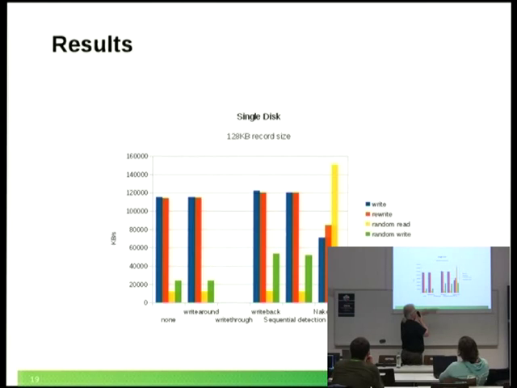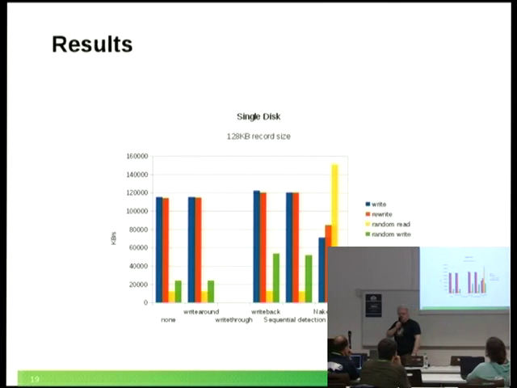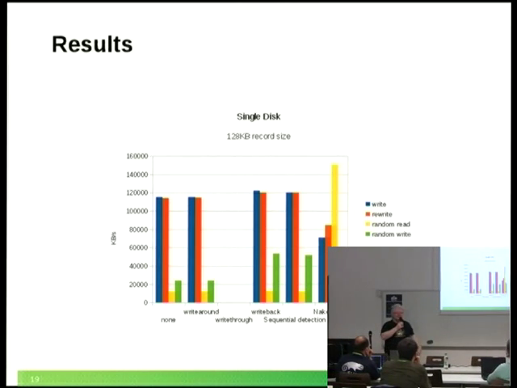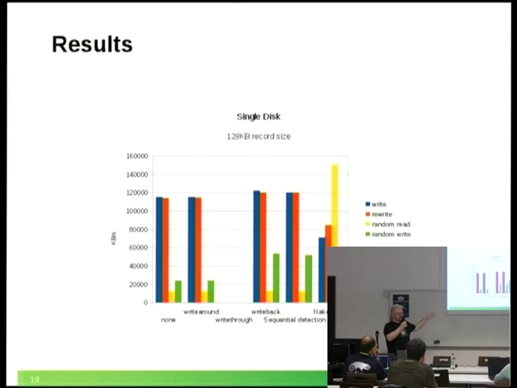For reads, Bcache sucks. And here you can see that SSDs are not that good at writing. The performance drops here, and the Bcache actually detects that and goes to the rotational disk as it should. So it doesn't hurt, but it doesn't help either, as was to be expected.